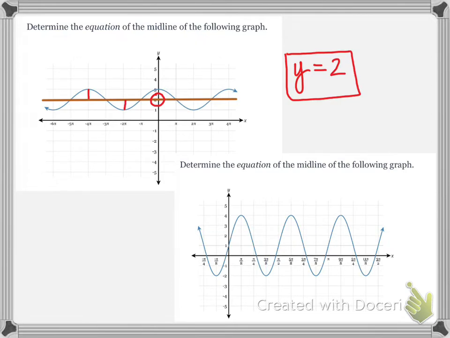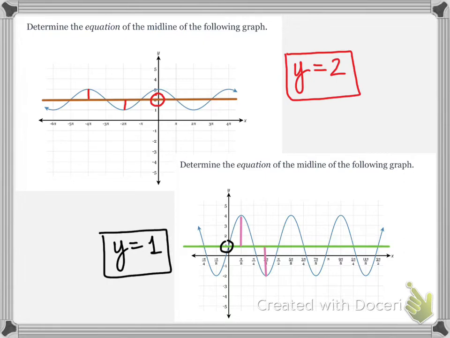Let us bring it down a little bit lower. And let's see if that works this time. All right, so from midline here, that counted 3, 1, 2, 3. That looks better. So our answer for this equation for the green line is y equals, it crossed right here, 1. So equation of our midline is done.